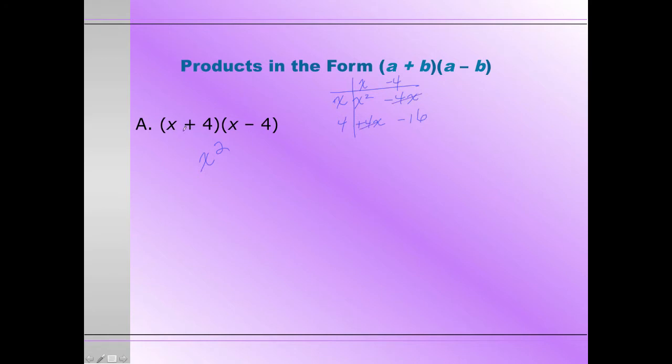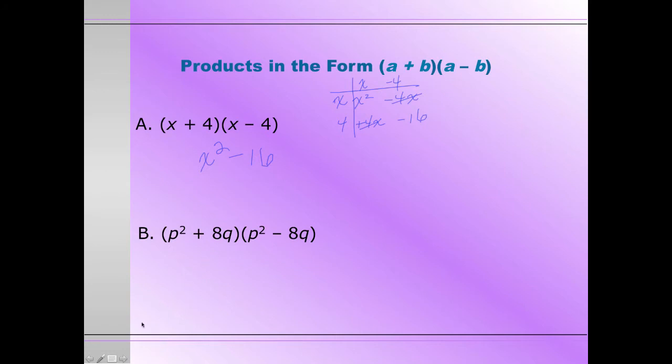Because I have a plus and a minus, those middle terms cancel each other out. And then finally, I have a negative 16 because of the minus sign here. My squared second term gives me a negative 16.